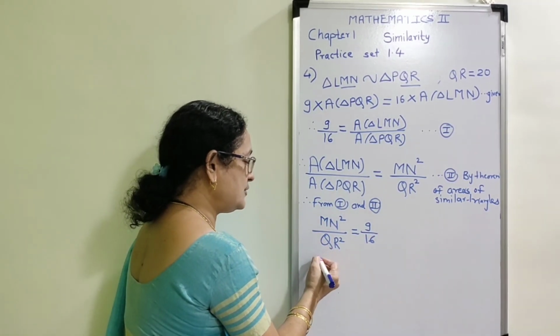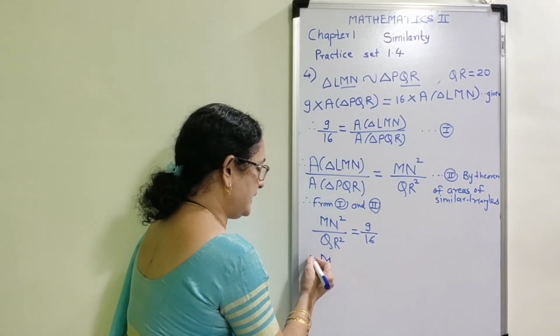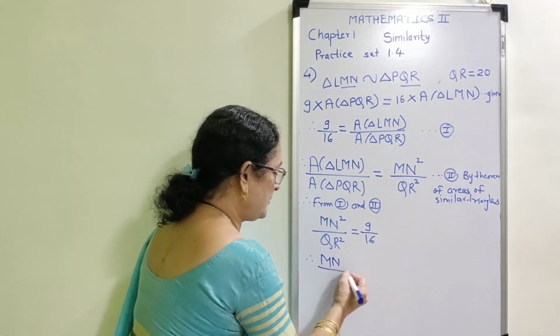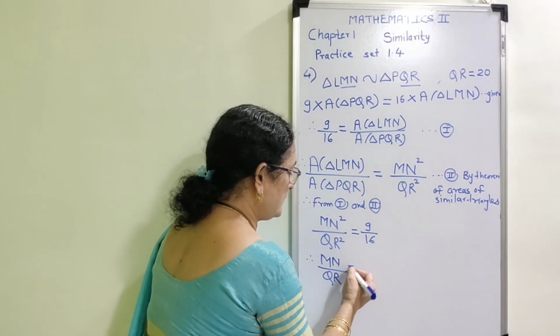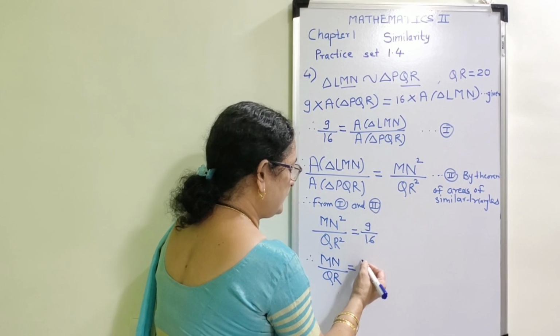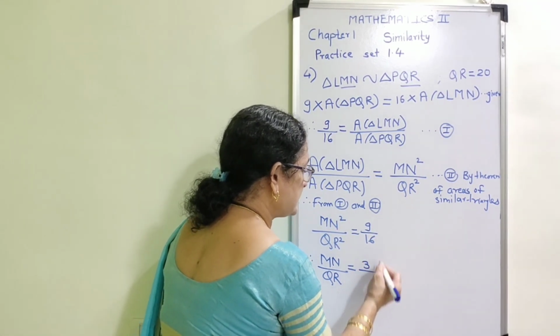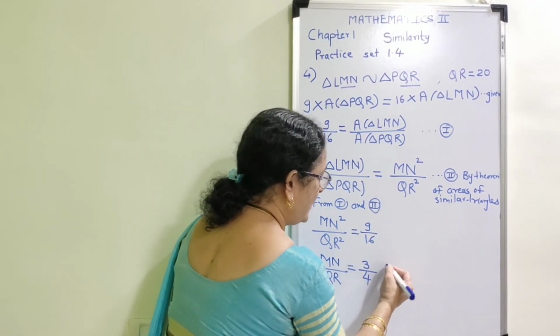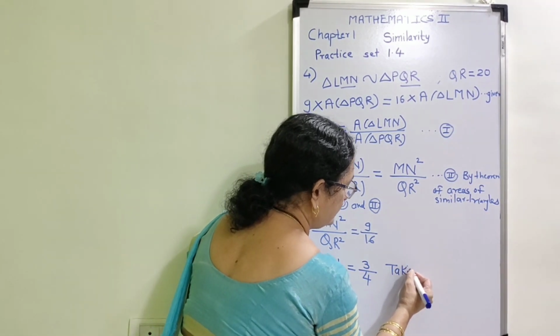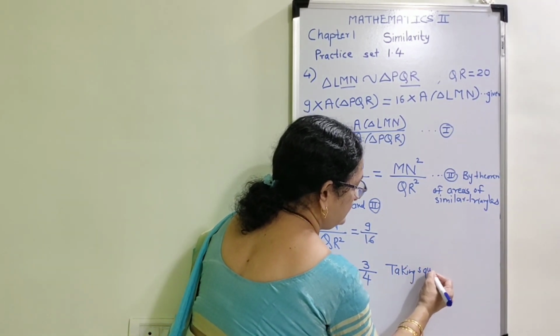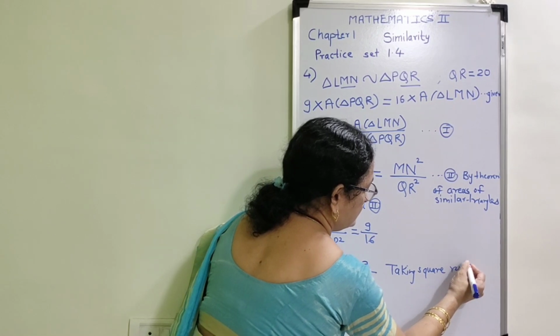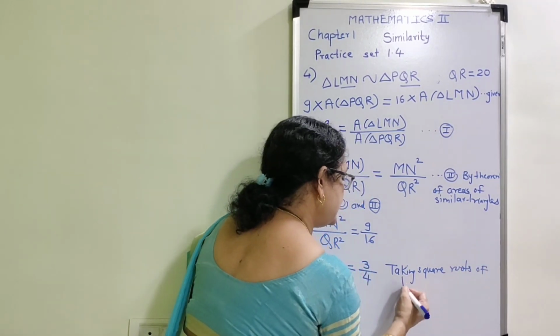I am taking square roots of both the sides. I will get, therefore MN upon QR is equal to square root of 9 is 3 and square root of 16 is 4, taking square roots of both the sides.